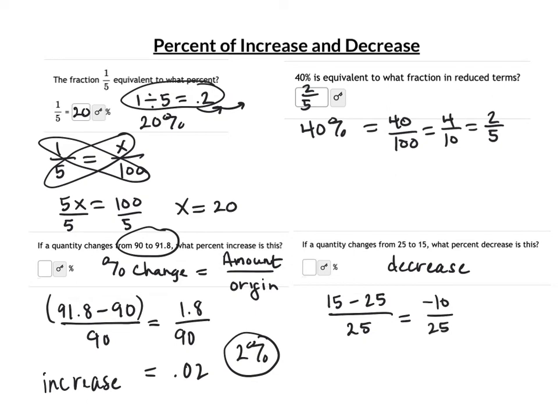The negative just means it's decreasing, and that ends up being negative 0.4, which ends up being a 40% decrease. But negative is not part of the answer. It just tells you that it's decreasing, that it's a percent of decrease.